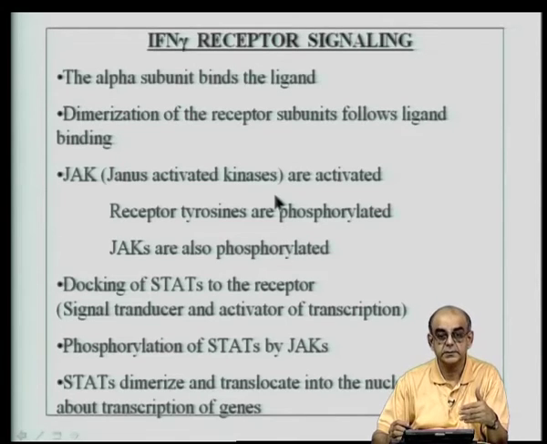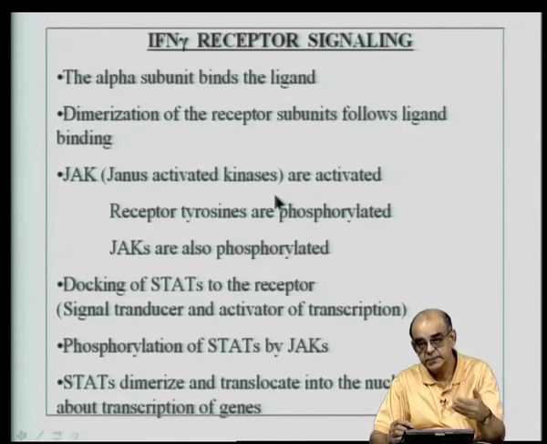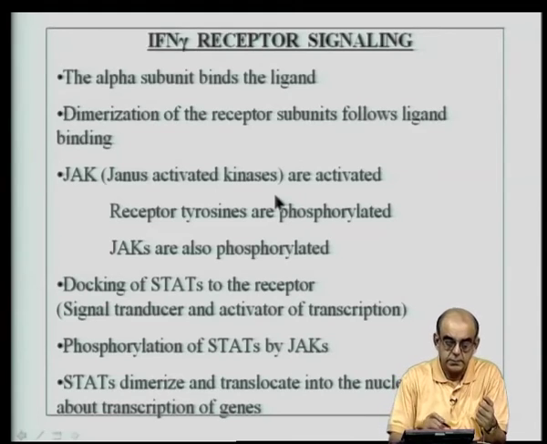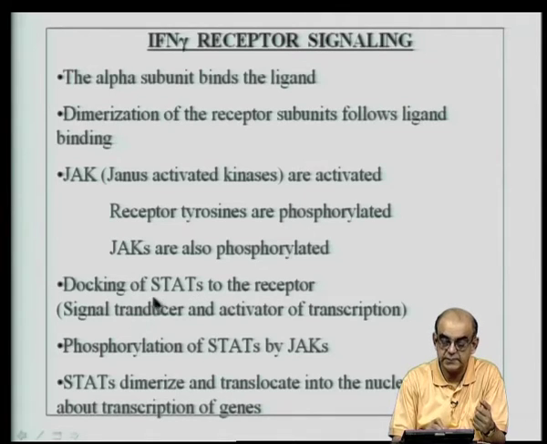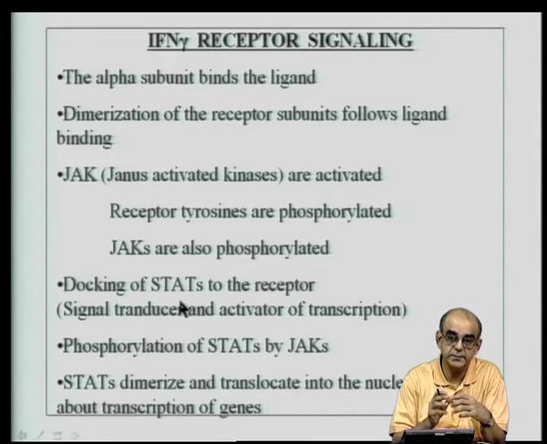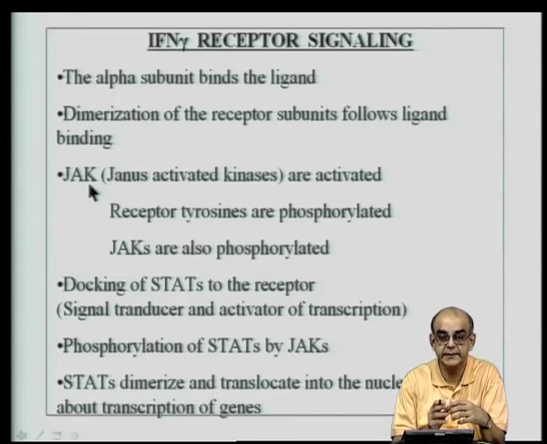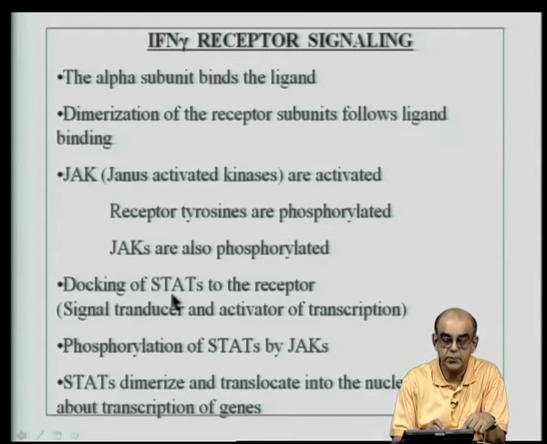This phosphorylation then leads to another step, which is characterized by the docking of this particular protein called as the STATs. We will see that in the next figure. This docking of the STAT to the receptor brings it in close proximity to the tyrosine kinase, or the kinase activity of the Janus activated kinase, which starts to phosphorylate the STATs.